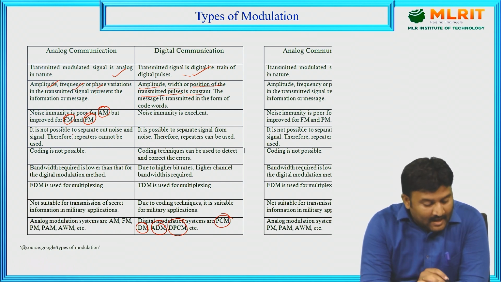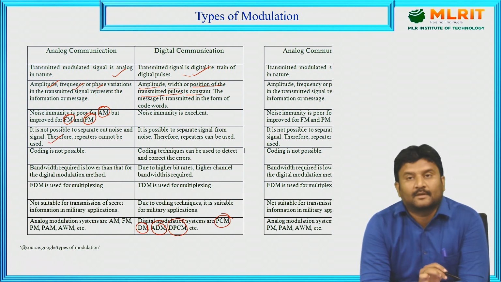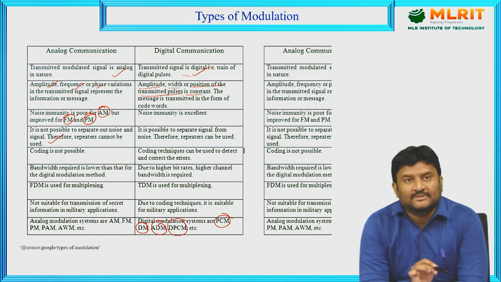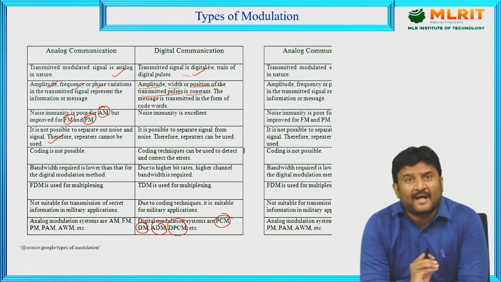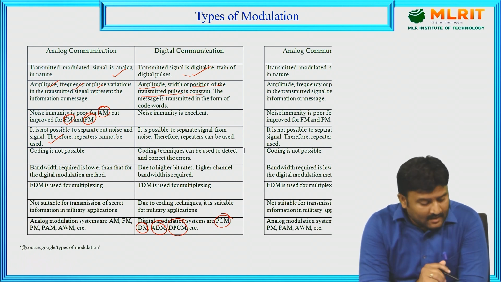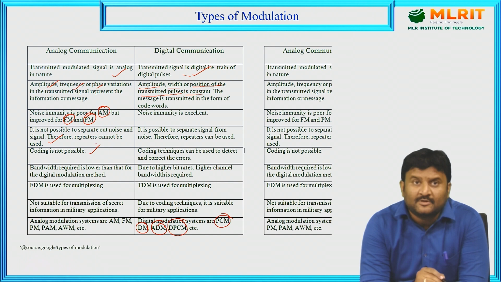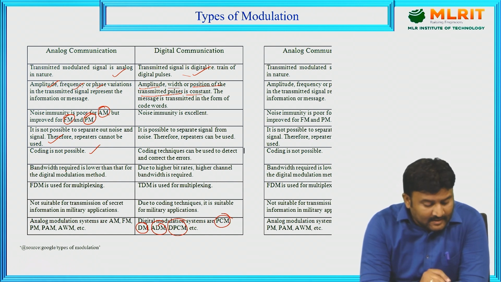Next, it is not possible to separate noise and signal, therefore repeaters cannot be used. That means the complexity between the transmitter and the receiver is more. Due to analog processing, being continuous, the efficiency is low compared with digital modulation. The next one is, coding is not possible. Next, the bandwidth required is lower than that of digital modulation techniques.